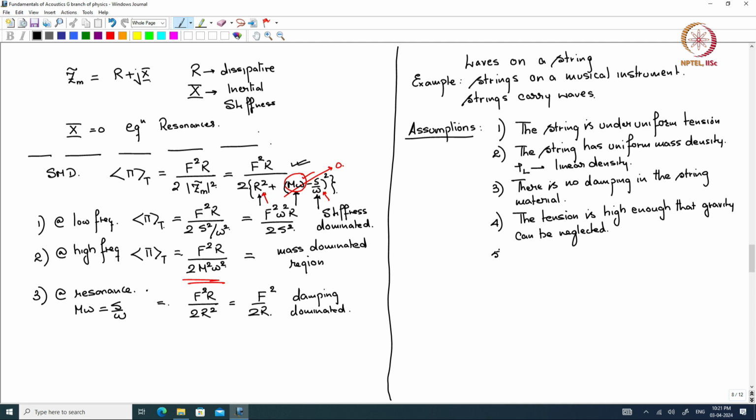The fifth is an important assumption. The string has no bending stiffness. This may need a bit of an explanation here.